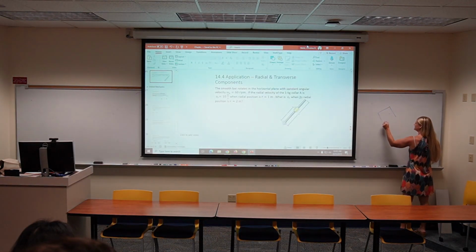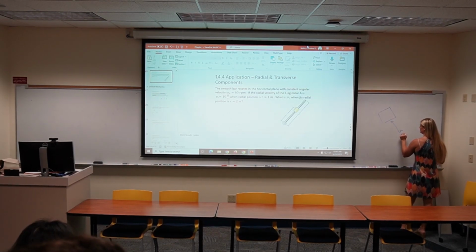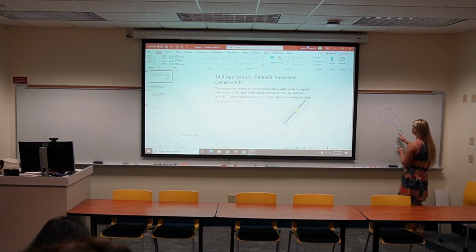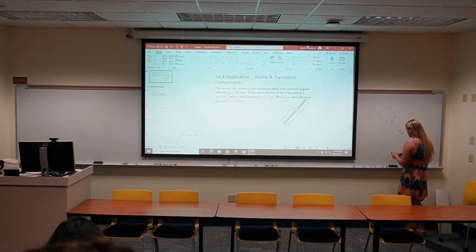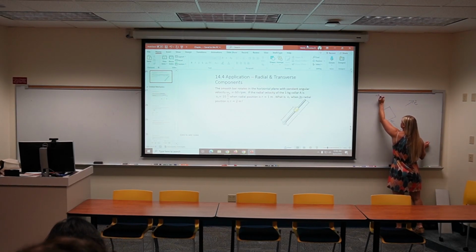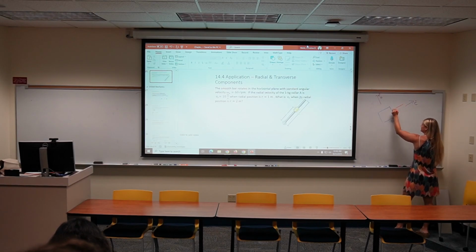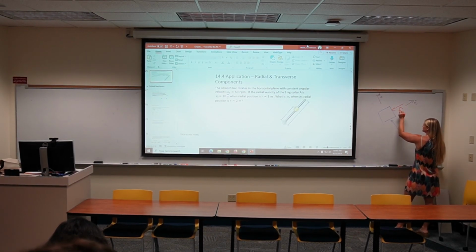So you had this diagram. You said that there's a normal force in the transverse. So we are working in radial and transverse. Now all you do is add the force of the spring, which is going to be Kr.